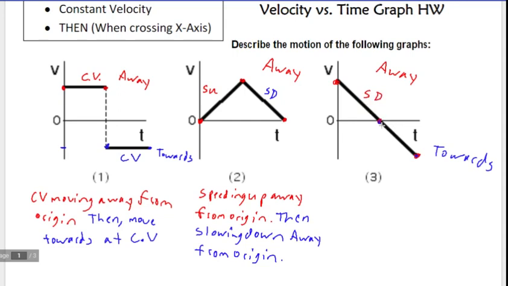On the flip side, over here, I start at 0 and I approach some big negative number, meaning that my absolute value of velocity is getting bigger, which means that I'm speeding up. So for this one, I would say slowing down away from the origin.